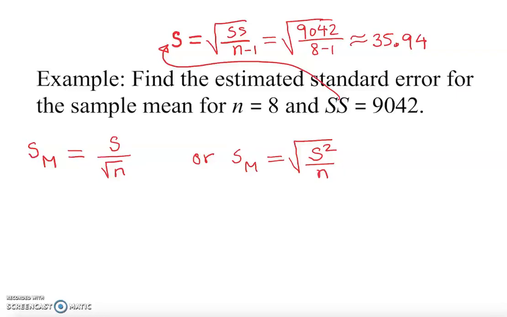So I'm going to plug it in here. S sub m is equal to 35.94 over the square root of n, in this case 8, the sample size. We don't subtract 1 this time, because the sample size is given.